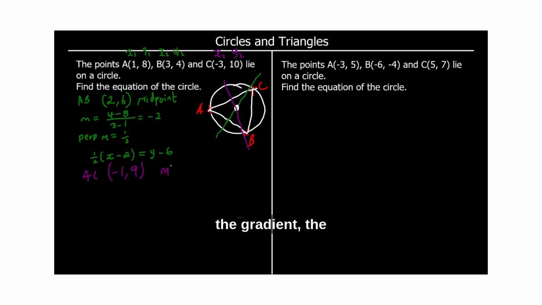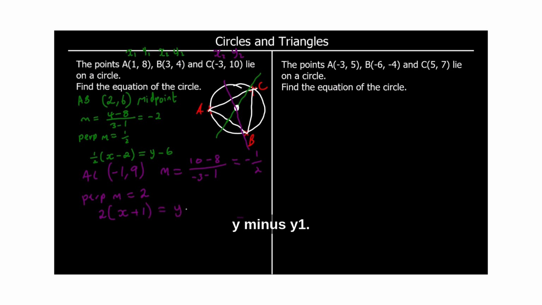And the gradient, the change in y over the change in x, 10 minus 8 over negative 3 minus 1. That's 2 over negative 4, minus 1/2. So the perpendicular gradient is 2. So we've got m times x minus x1, x minus minus 1, equals y minus y1.